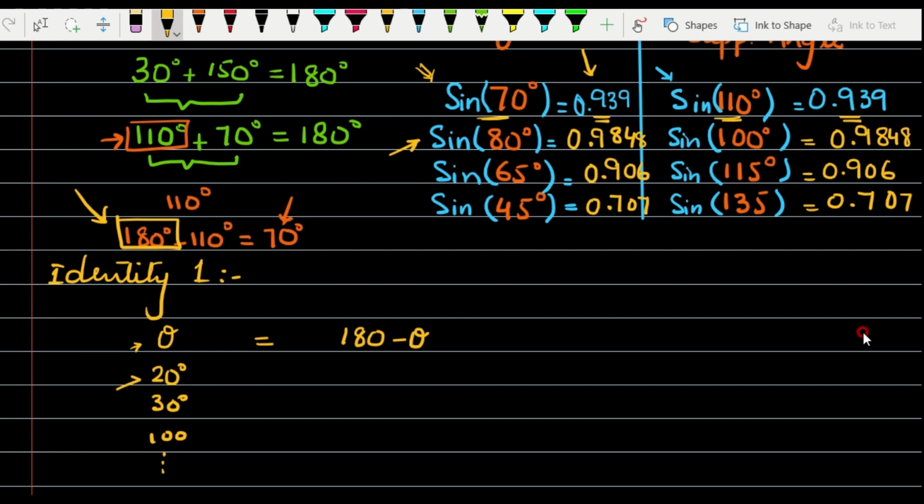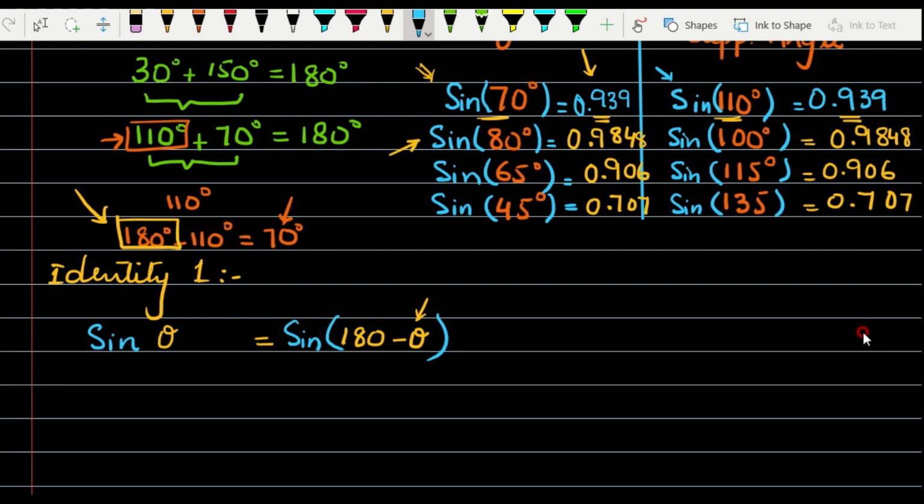So whatever the angle will be given, we just need to subtract it from 180, then the answer will be a supplementary angle of the particular angle which was given, right? So it means that if we take the sine of this side or the sine of this side, will the answer be the same?